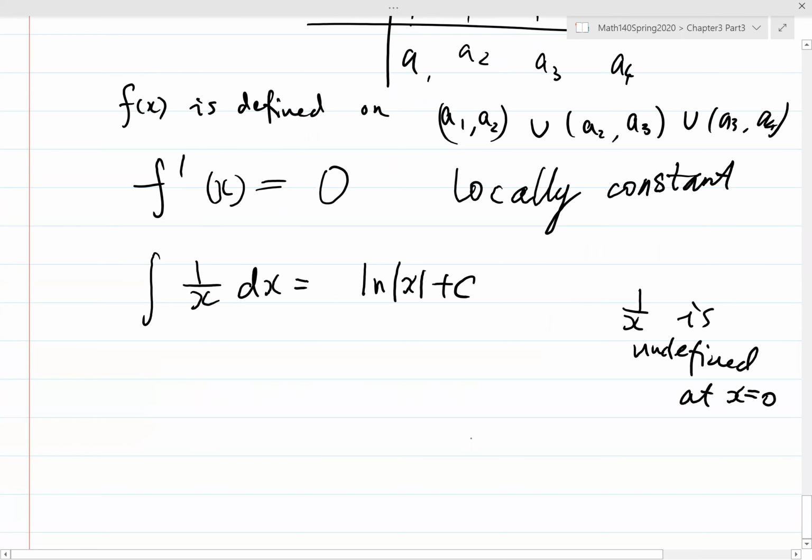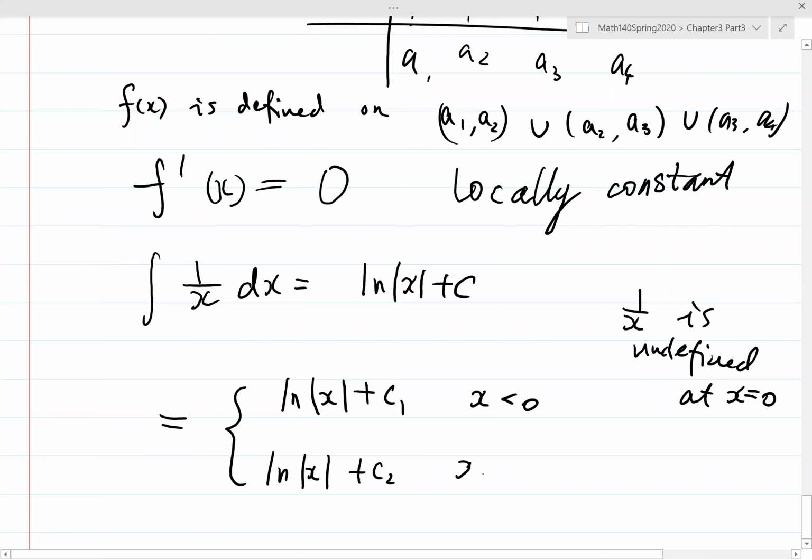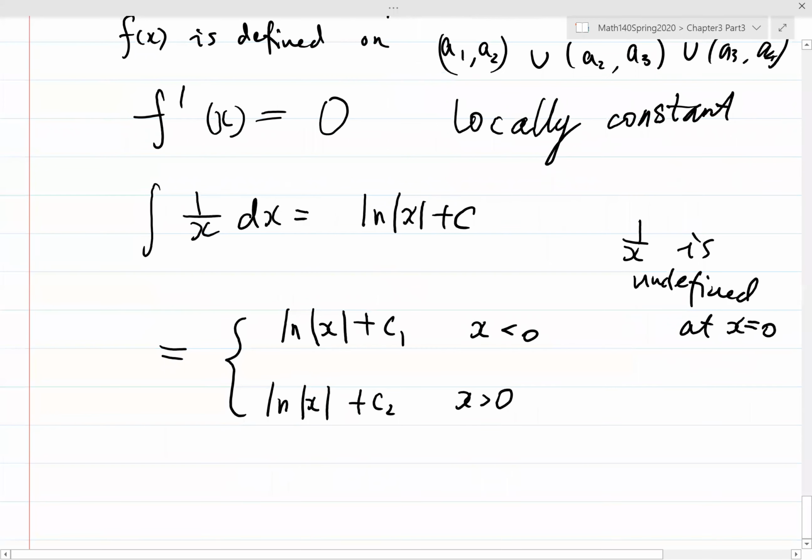So to be more precise, we should write ln absolute value of x plus c1 for x less than 0, and ln absolute value of x plus c2 for x greater than 0. It has two pieces, so we do each piece individually, piecewise.